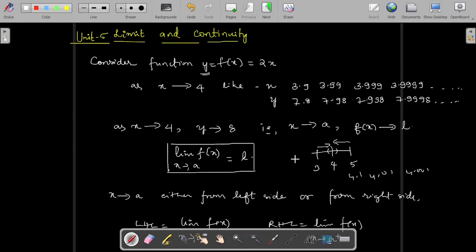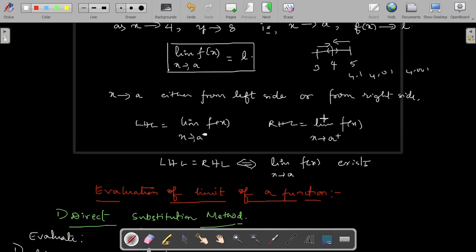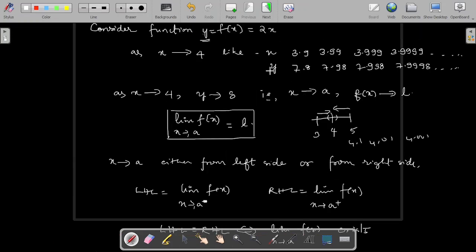In this example also you can check by giving the values 4.1, 4.01, 4.001. 4.1 gives 8.2, then 4.01 gives 8.02. So it is moving towards 8. So in this case LHL and RHL both exist and are equal, and the common value is 8. Hence the limit of f of x as x tends to 4 is equal to 8 in this particular example.